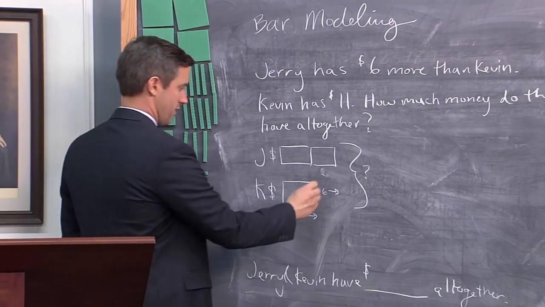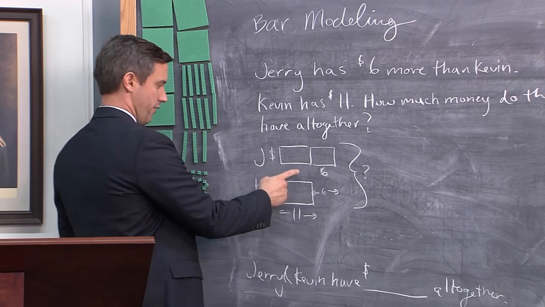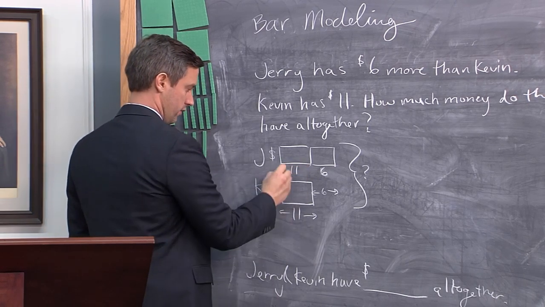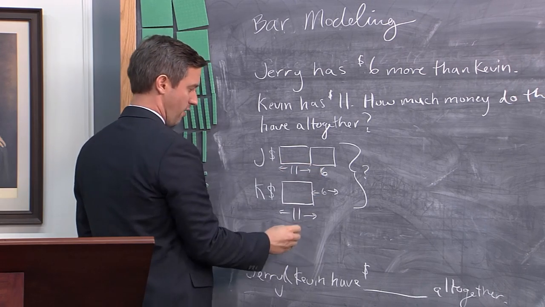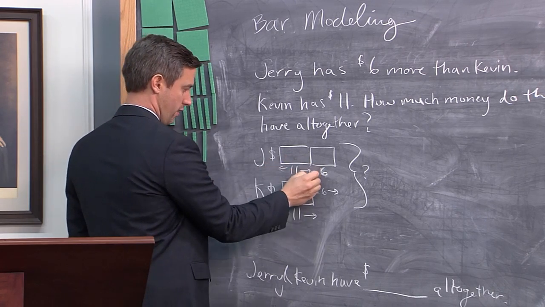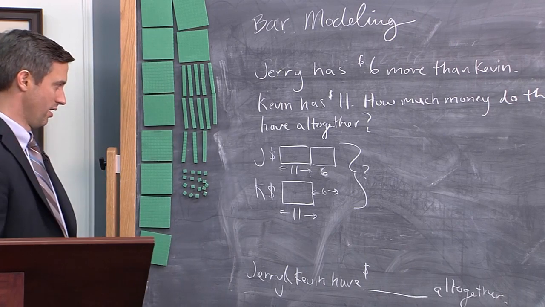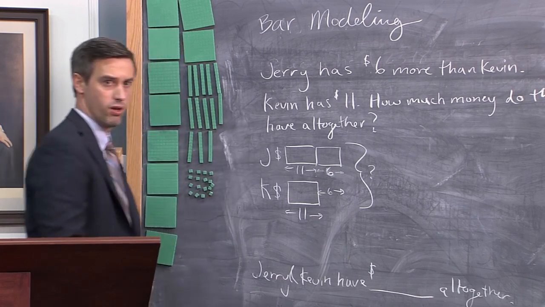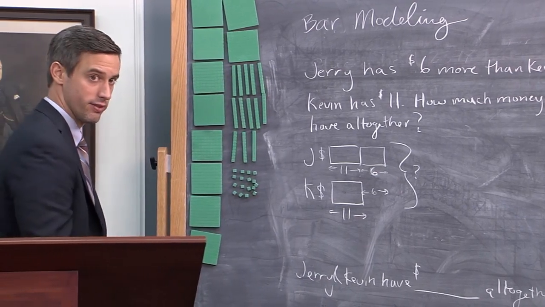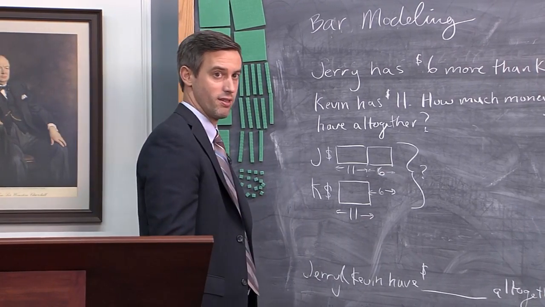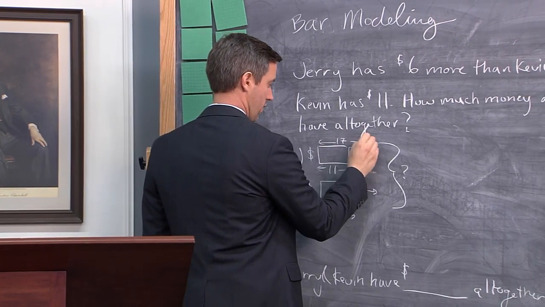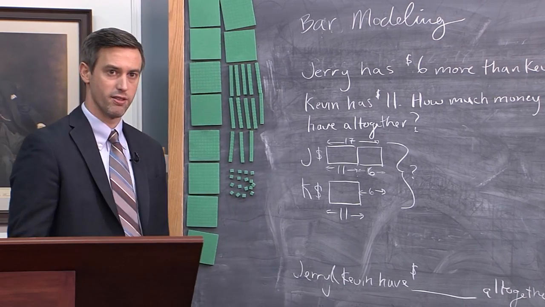So I know that this is $6. This is going to be $11. And what's helpful about drawing them as equal bars is you get to see that those are the same and that the difference here is $6. So you now know that Jerry has $17 and Kevin has $11.